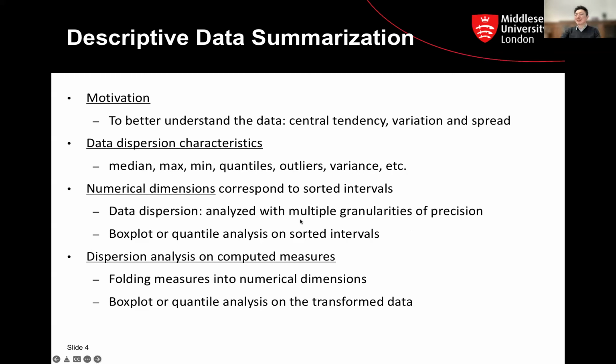Or you could look at the highest level, the least precision, where you look at the entire data set and calculate, say, max, min, quantiles, etc. Then you don't look at any individual at all.